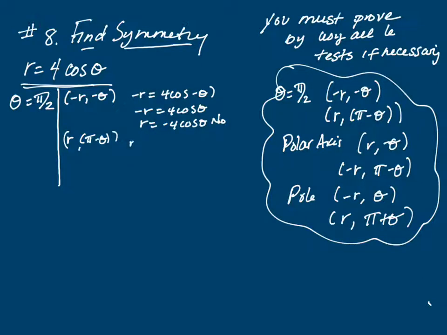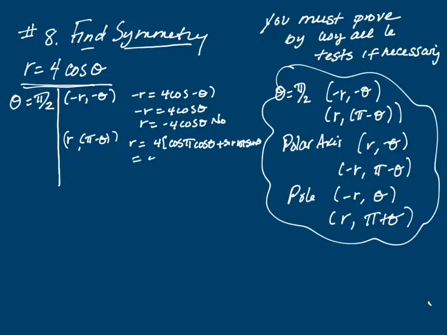and so I get r equals 4 times cosine pi cosine theta plus sine pi sine theta.